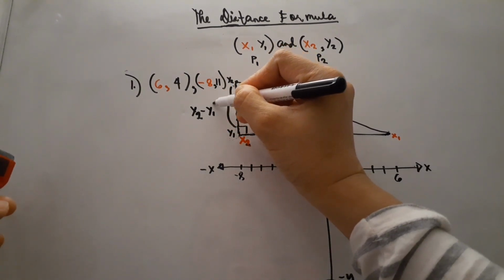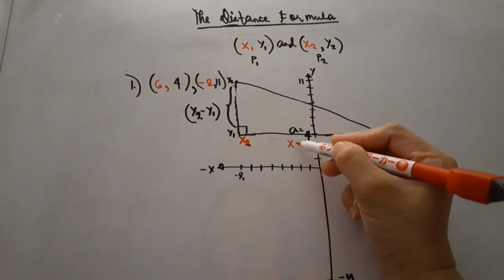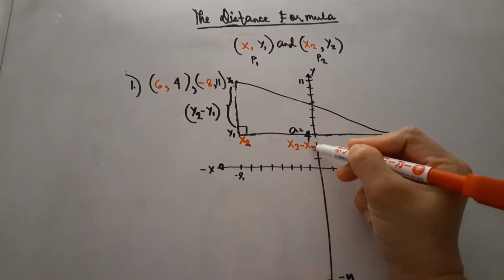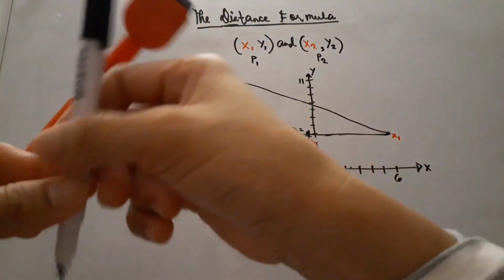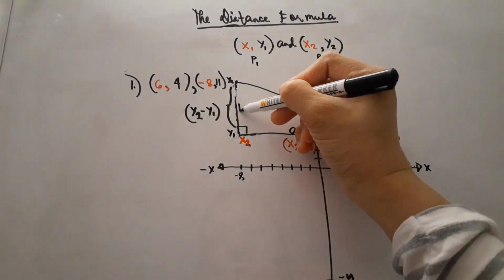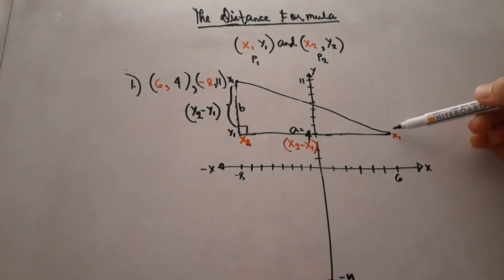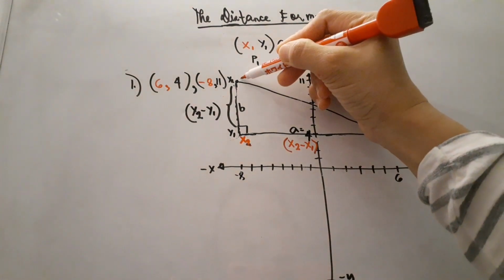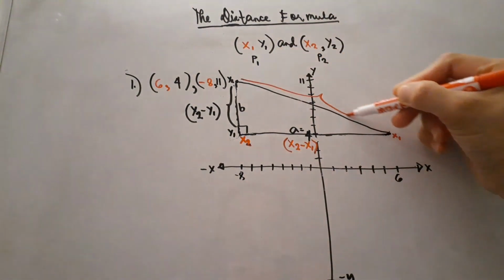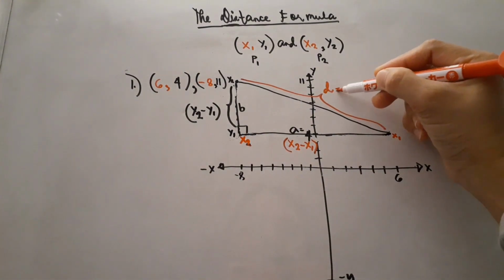This is what we will use for the distance. On the horizontal line, it is x sub 2 minus x sub 1. Remember that the other line here is our b, which is y sub 2 minus y sub 1. And here is our hypotenuse, so we can find the distance between them.